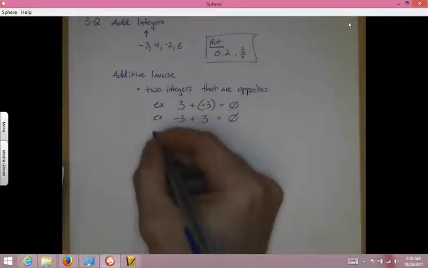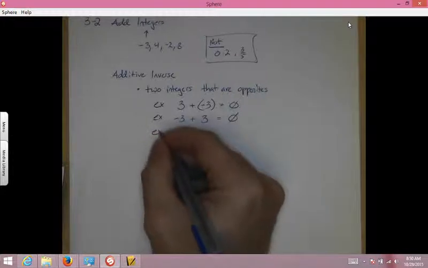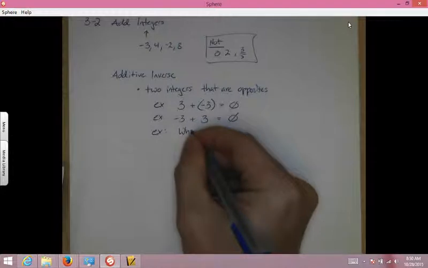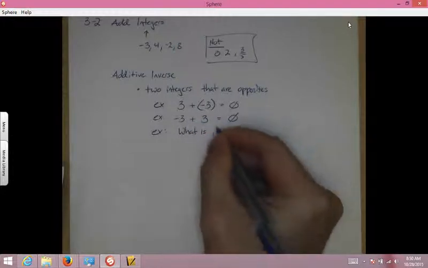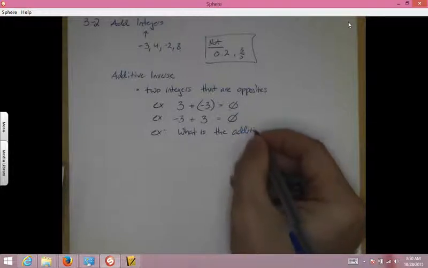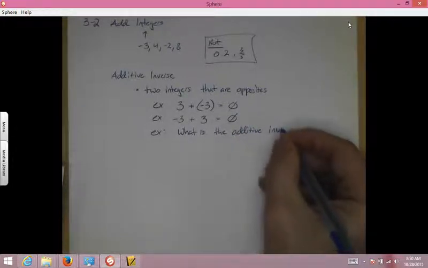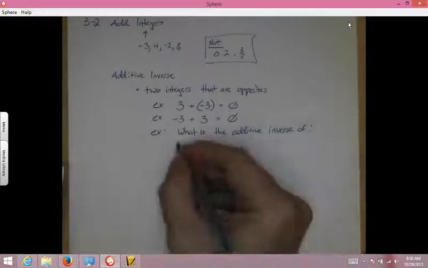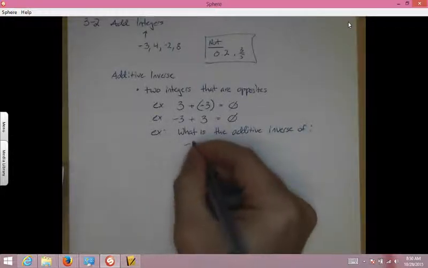Now, what we're going to have for test questions is you might have something like this. What is the additive inverse of, and they'll give you some crazy number. Let's say -258.